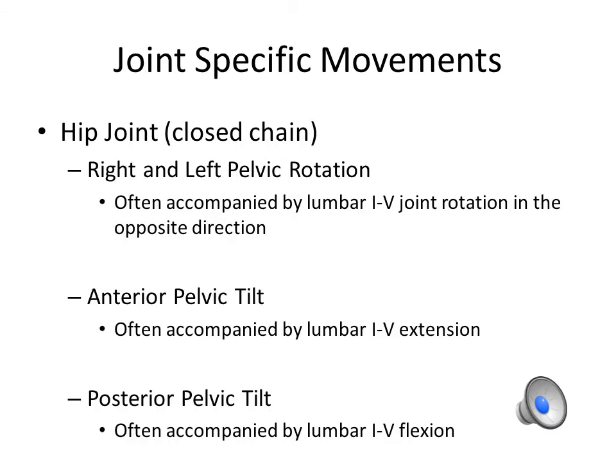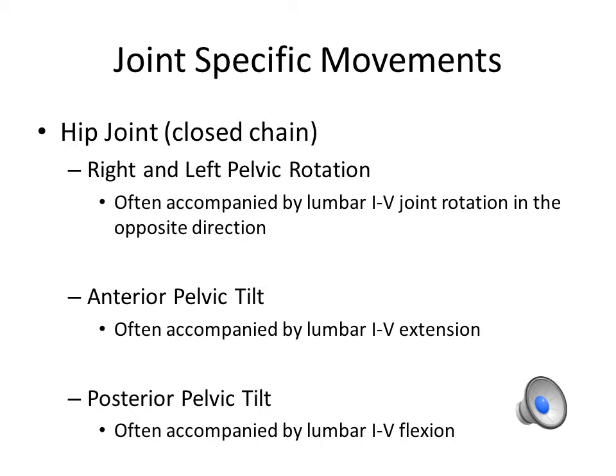Joint movements specific to the hip or pelvis are right and left pelvic rotation, which is rotation of the pelvis to the right or the left around the vertical axis. Anterior pelvic tilt is the rotation of the pelvis anteriorly around the medial lateral axis.